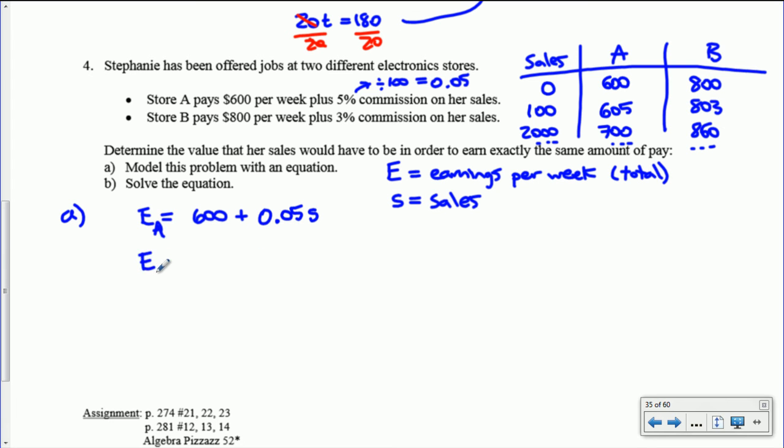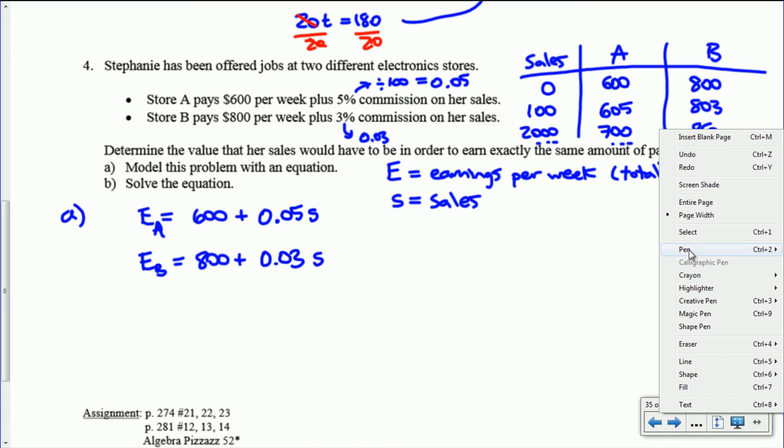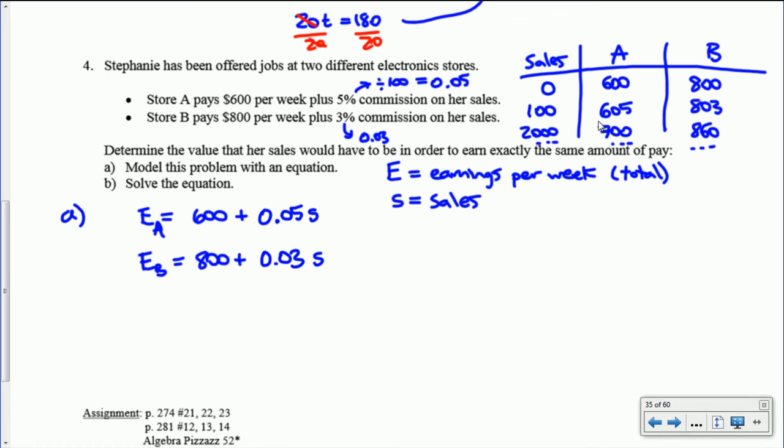And the earnings at B, we get $800 per week plus 3%. So that as a decimal would be what? That'd be 0.03. So 0.03 times S. Okay, and let's see what we need to figure out here. What would her sales be to earn exactly the same amount of pay?